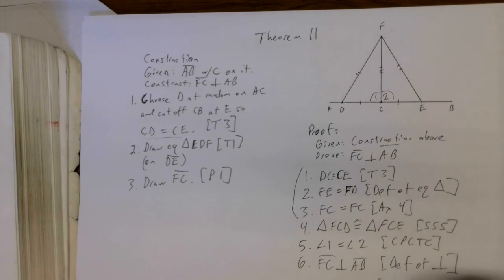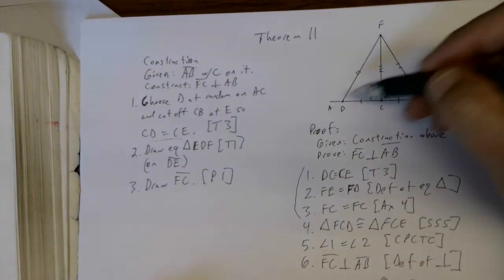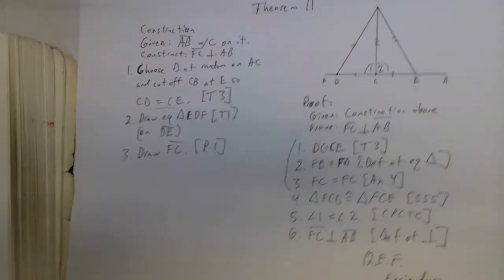QEF, quod erat faciendum, which was the thing we were supposed to make or do. All right, and we have made line FC perpendicular to AB. So there we are done. Quod erat faciendum.